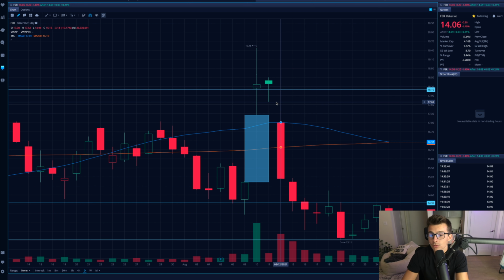Maybe I could have given it to the lows of the prior day. This candle right here, which happened to be around $17.70, that would have given me roughly 70 cents of leeway in terms of the upside. I would have stopped myself out if the stock started trading up over that level and held. And my ultimate price target was down towards 15. So I'm giving myself a lot more room to the downside.